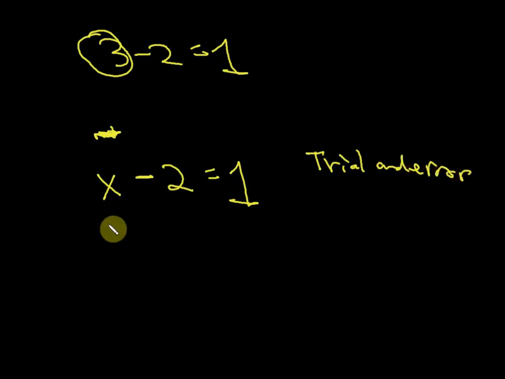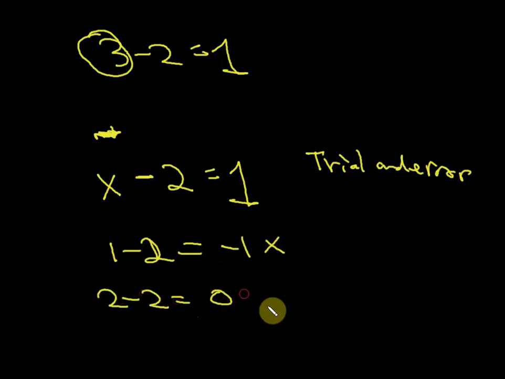You could say, okay, what if I plug in 1? Then 1 minus 2 is equal to minus 1. So no, that's not it. Well, what if I plug in a 2? 2 minus 2 equals 0. So that's not it. 3 minus 2 equals 1. That's it.